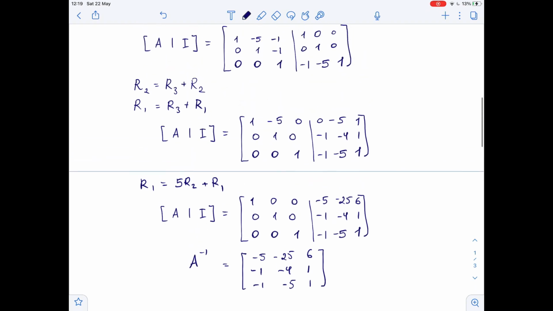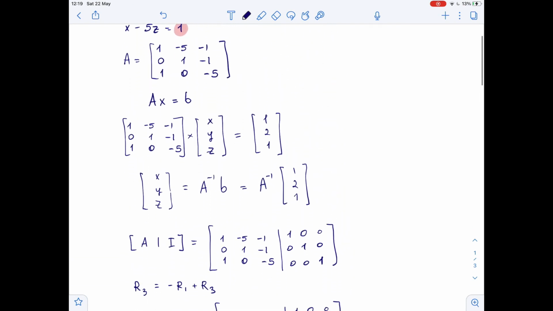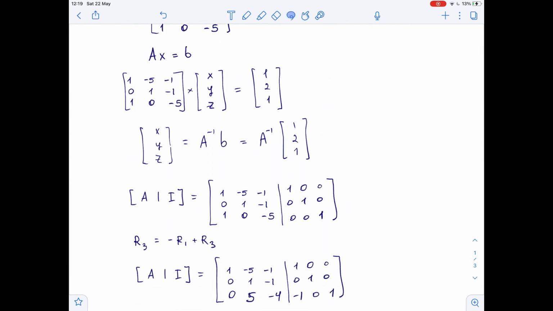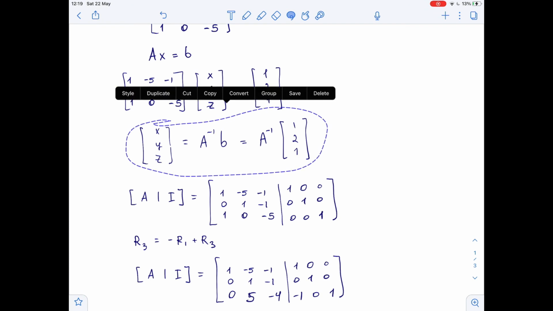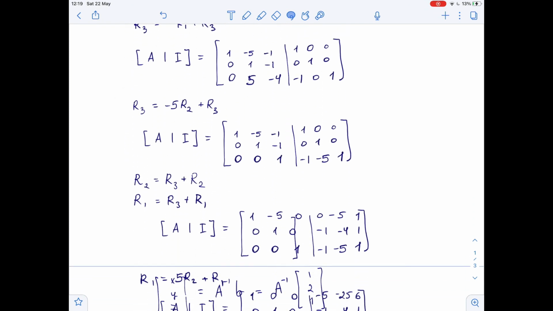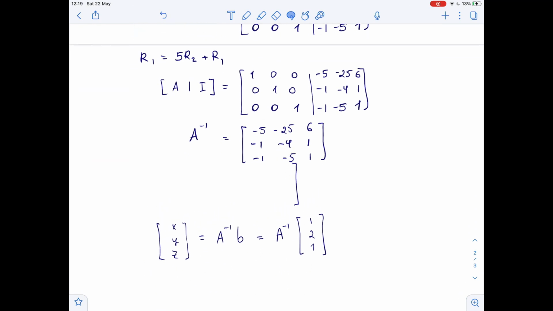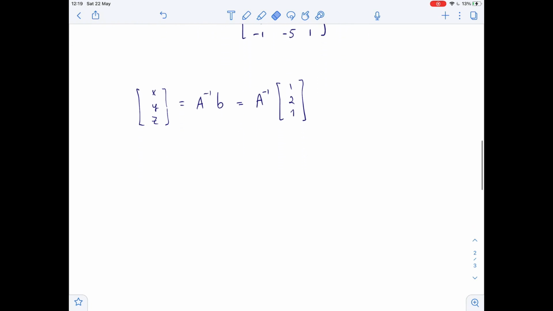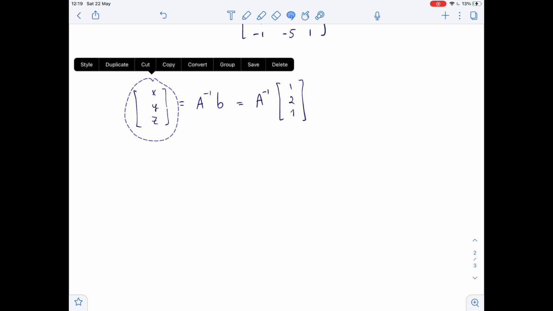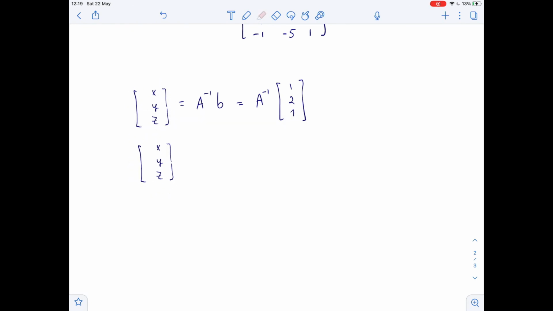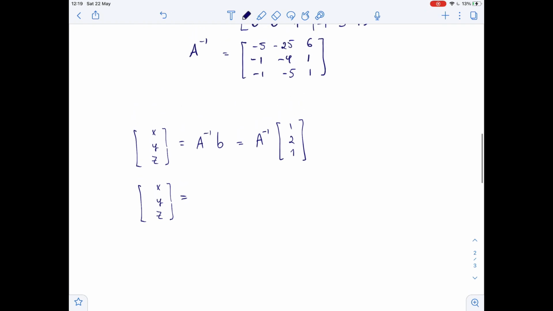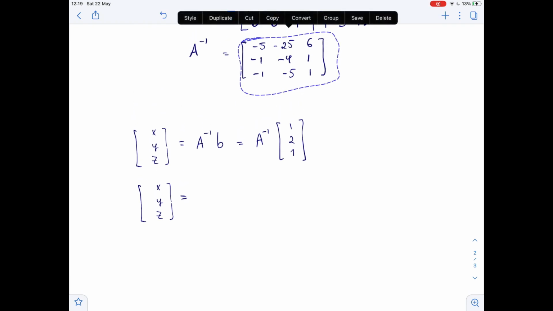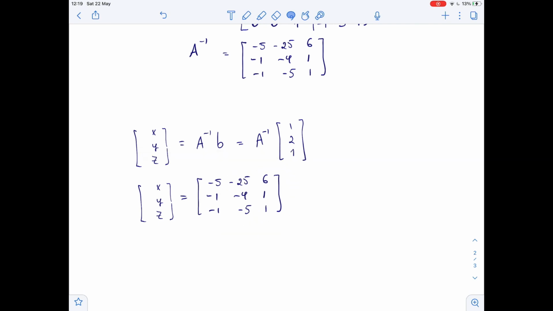And now using this inverse matrix, we can finally find the solution to this equation. I'll duplicate our formula again. So we just need to write it down as this solutions matrix is equal to our inverse matrix times this matrix.